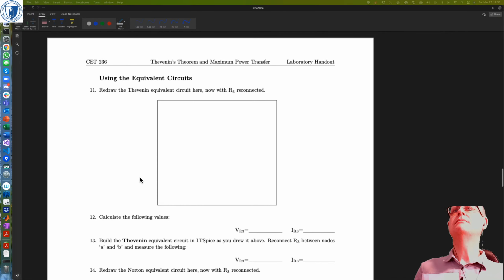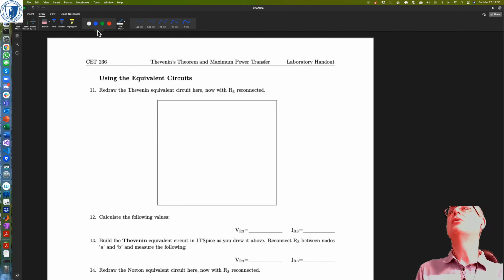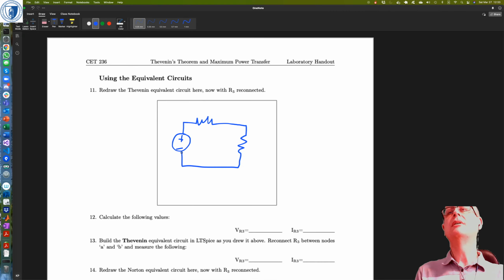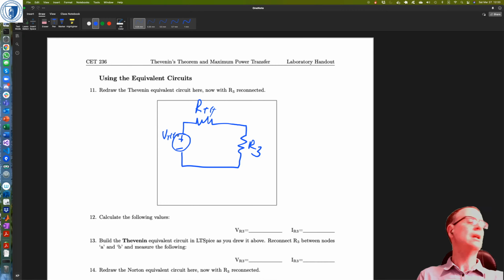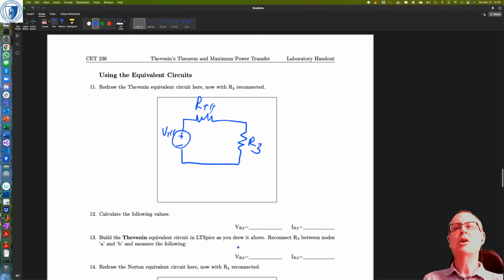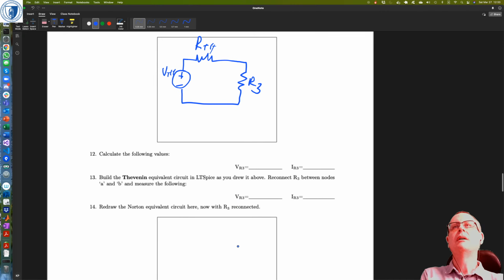So, yeah, the aim here is to just redraw the Thevenin equivalent, which is the voltage version, but this time put R3 back in place, and figure out what the current and voltage is.